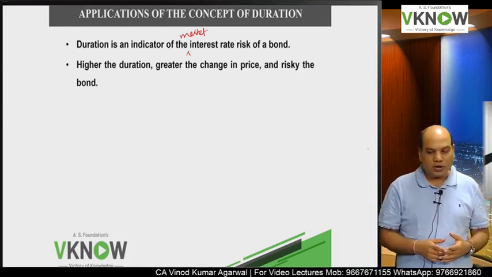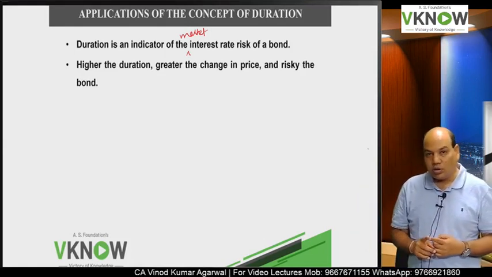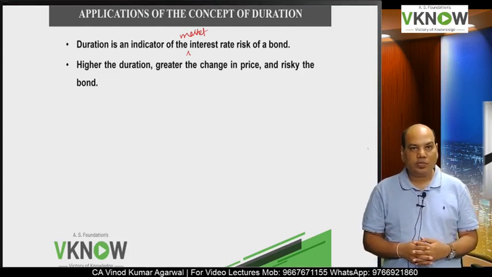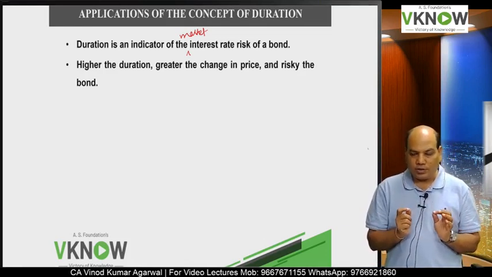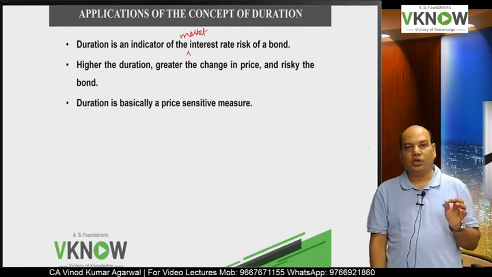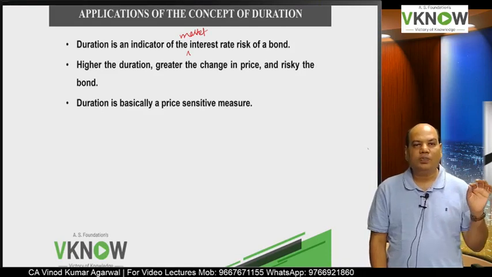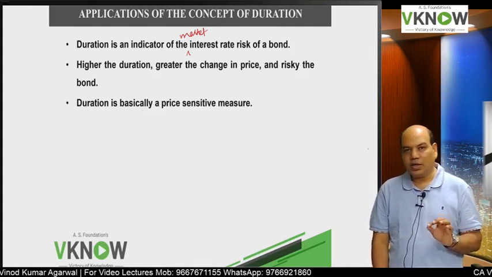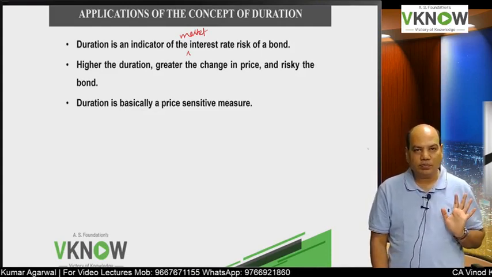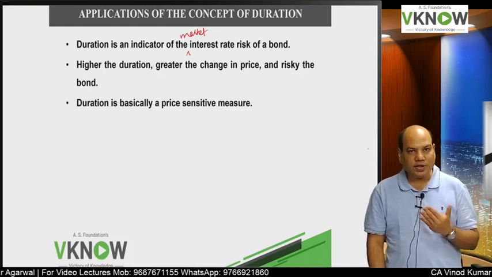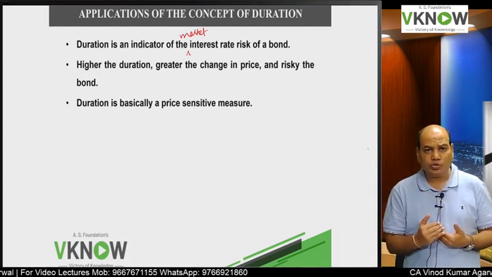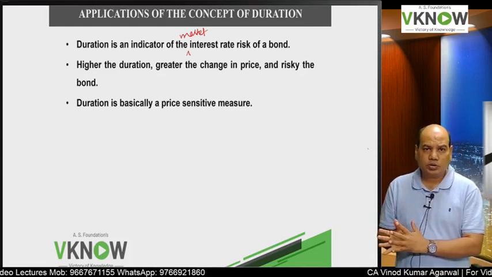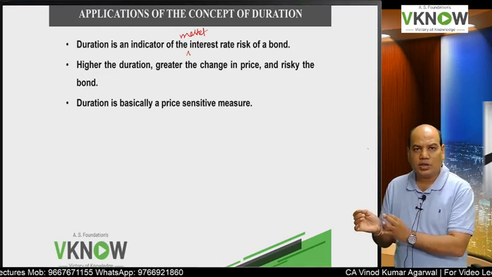Okay. So the second line says, higher the duration, greater will be the change in the price and riskier the bond. So for the same change in YTM, the bond with higher duration will have higher price sensitivity. So duration is basically a price sensitive measure. As we will see ahead, duration will help us to calculate by what percentage the bond price will change if yield changes by a certain percentage.